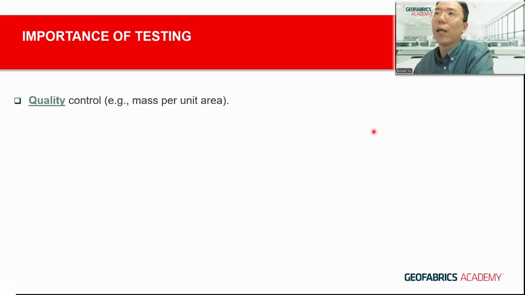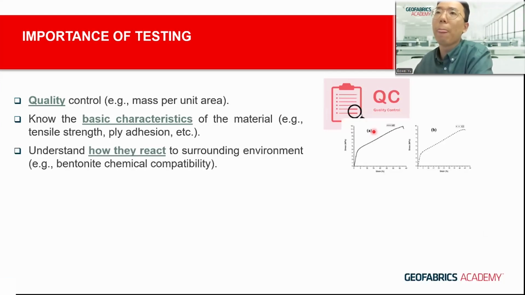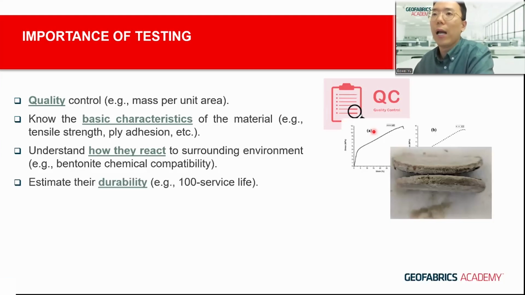Apart from that, testing also helps us with quality control, helps us know the basic characteristics of the material, and understand how they react to the surrounding environment. A quick example here is our bentonite chemical compatibility testing when exposed to different chemical environments, which helps us to estimate their durability.